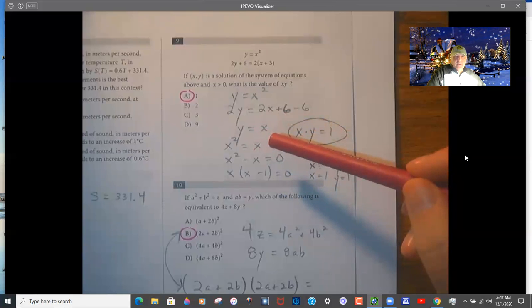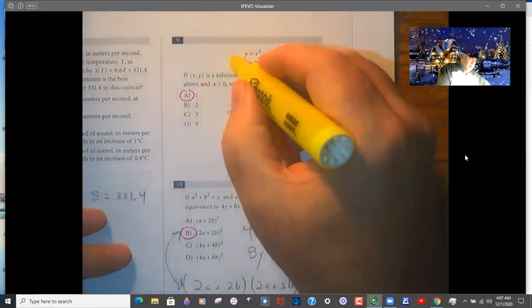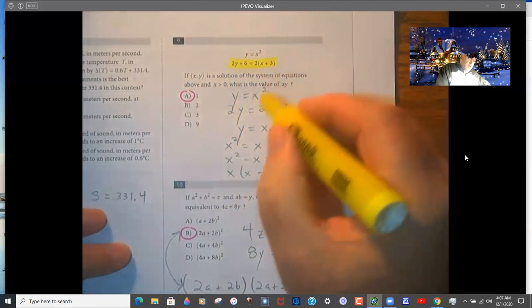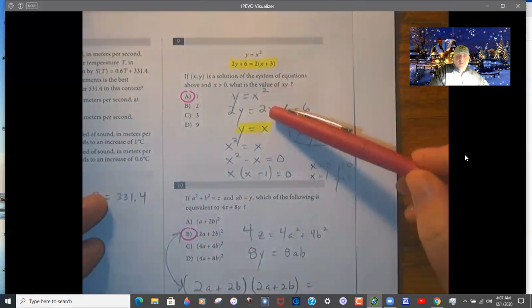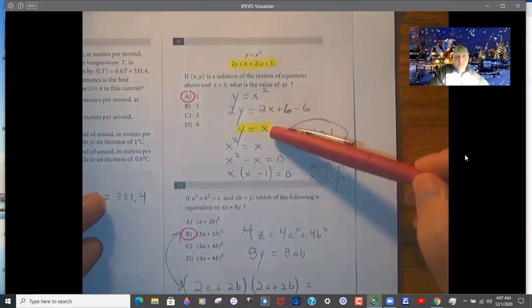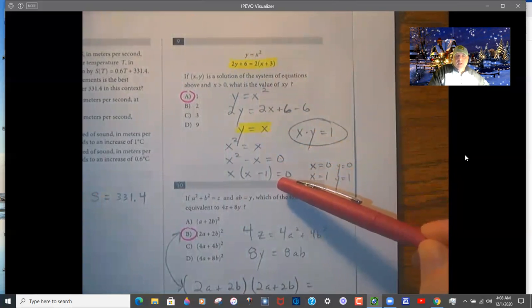So y equals x is what the second equation simplifies into, believe it or not. And then from there, you take these two equal to each other, x squared equals x, and then solve it out.